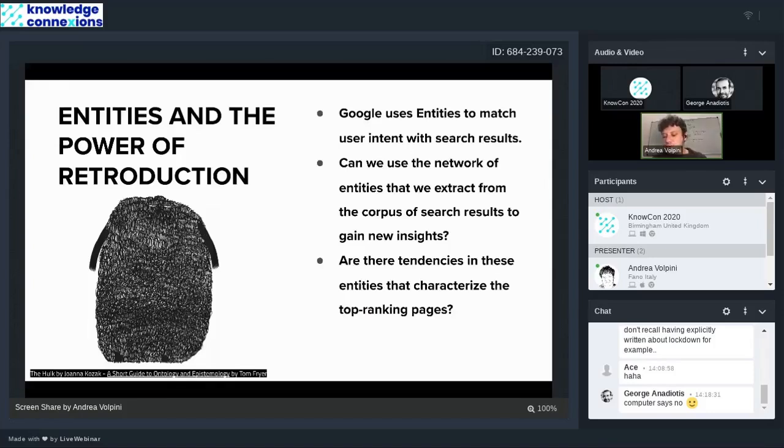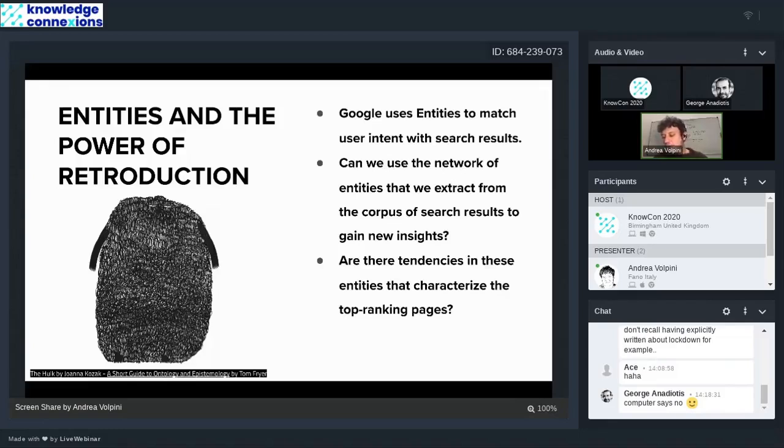One of the tendencies that I focus on when looking at Google results is to see these entities as a way to explain the results that we get for that specific query.